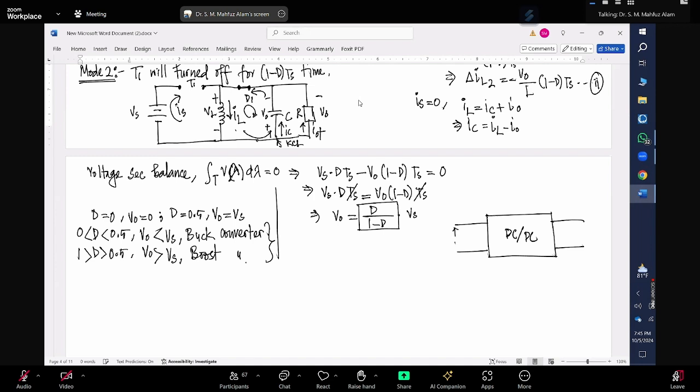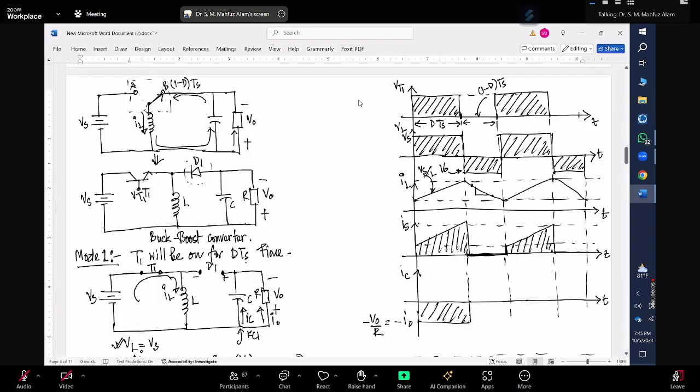Because if you put Vs as input, that should be my Is, and if your output is V naught and I0, as you can see here, everything in between the source and the load, is there any lossy component in between?